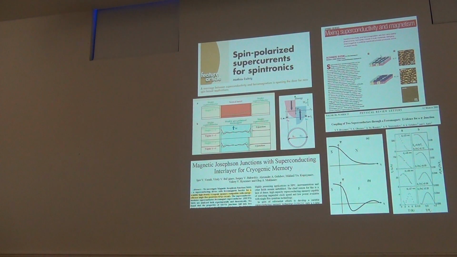Another wonderful type of junction is the one including ferromagnetic junctions, because you basically mix superconductivity and magnetism. So it's extremely interesting, because you mix two things which are apparently one against the other.